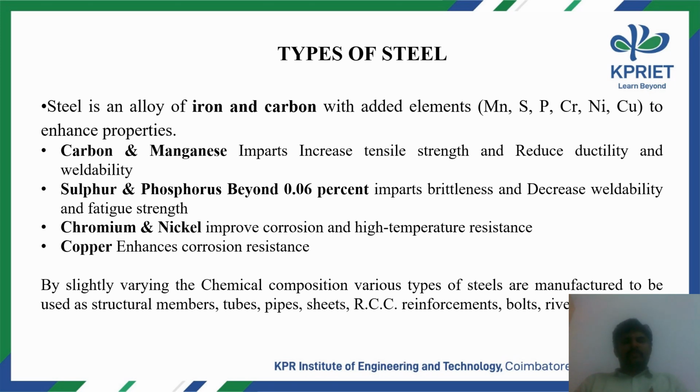The purpose of chromium and nickel is to improve corrosion and high temperature resistance. In addition, copper enhances corrosion resistance. So by slightly varying the chemical composition, various types of steels are manufactured.